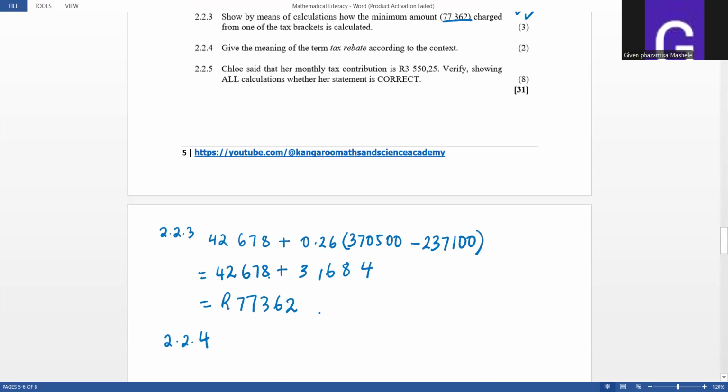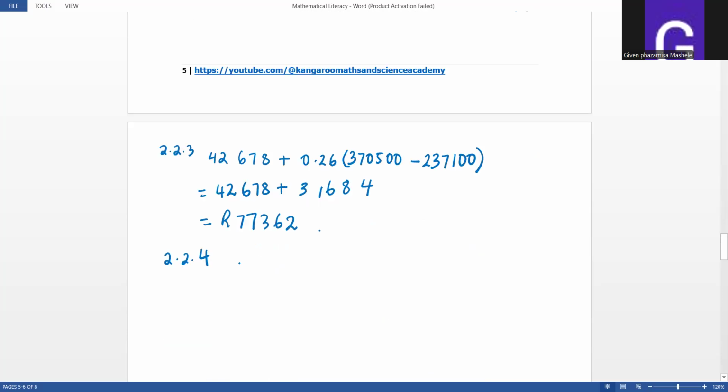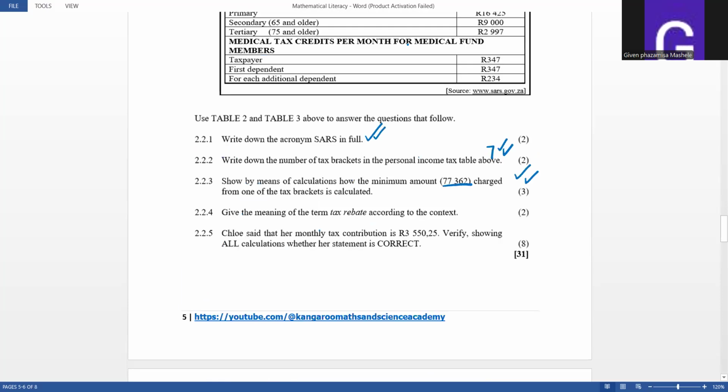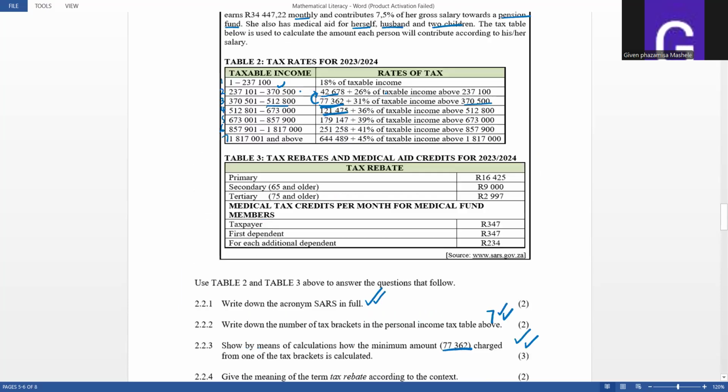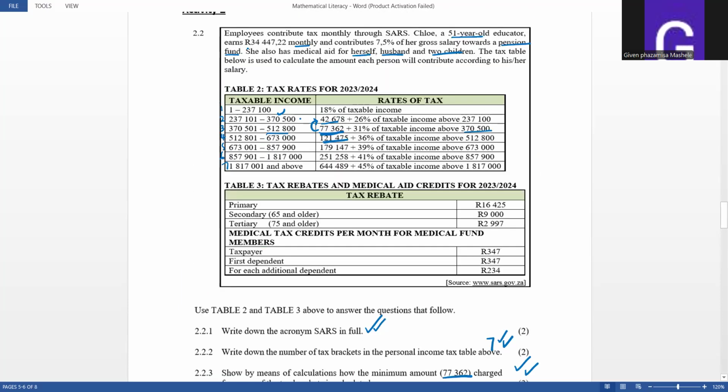We first have to determine the pension fund, because we are given the monthly gross income. So what is the monthly pension fund? The monthly gross income is 34,447 rand 22 cents.